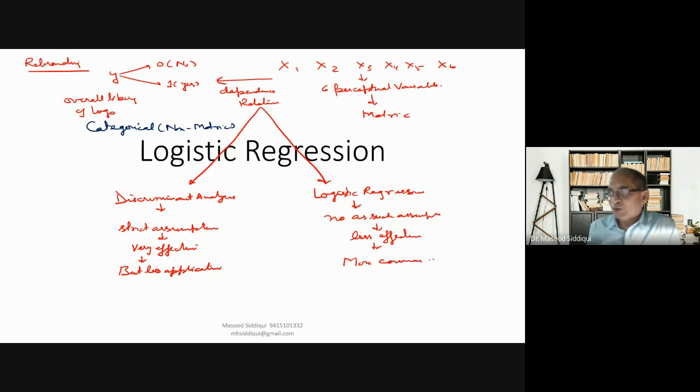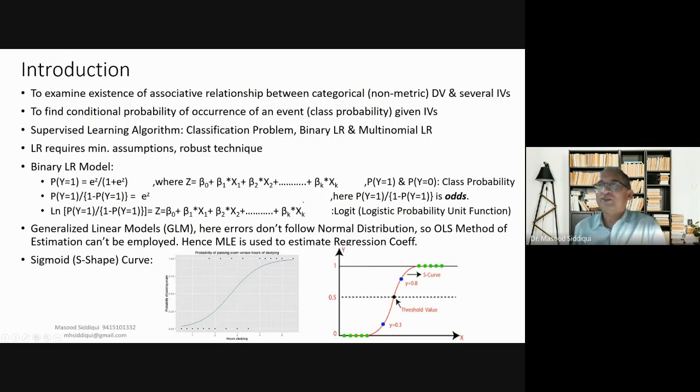Related to domain, though I don't want to create that bifurcation, normally people from marketing and HR go with discriminant analysis, and people from commerce, economics, analytics, and medical or health statistics go with logistic regression. So this is our scenario.